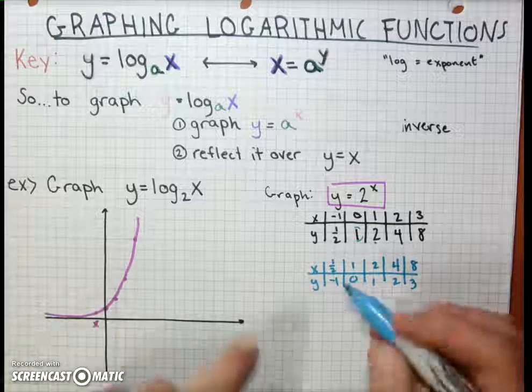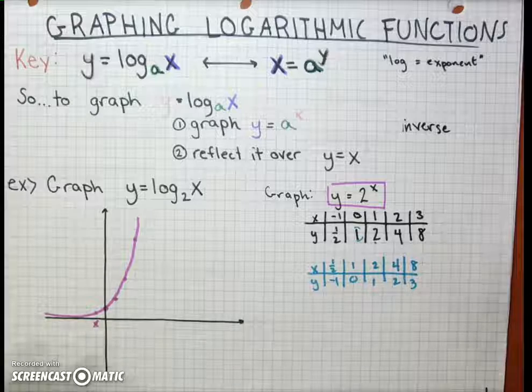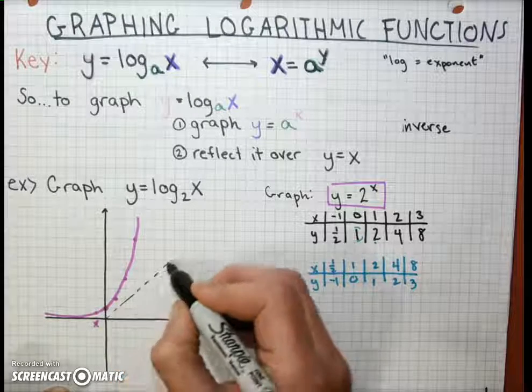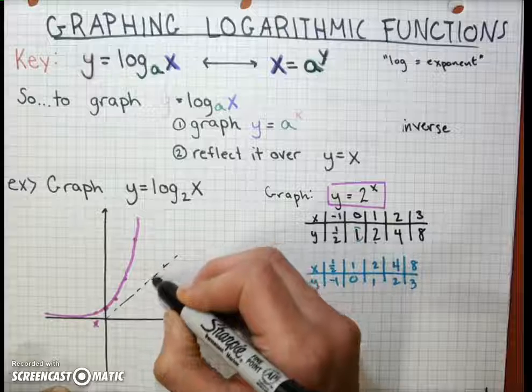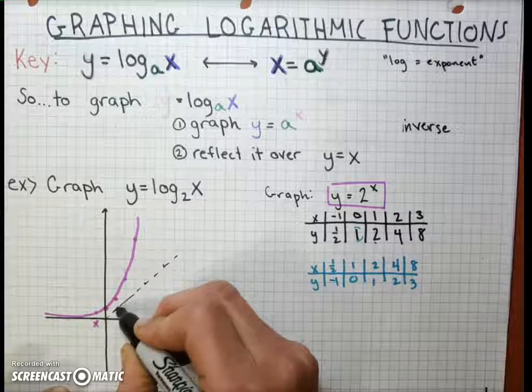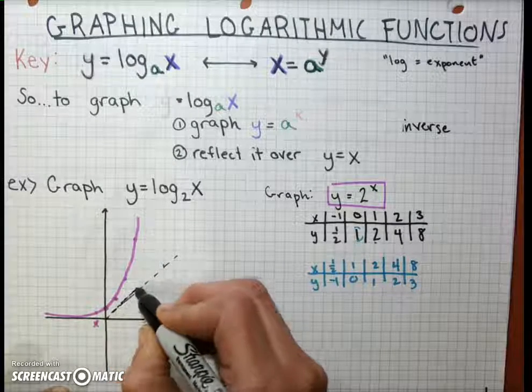So now I can graph this function, and it turns out to just be, as we said, the reflection over the line y equals x. So let's make sure I'm drawing this line in correctly.